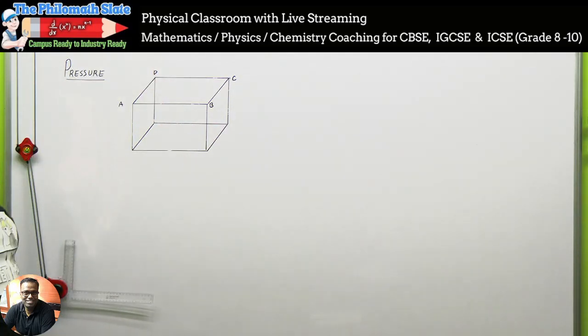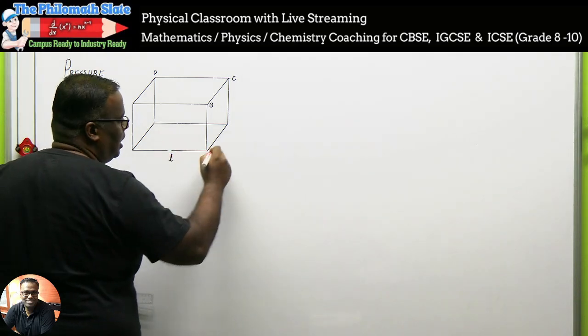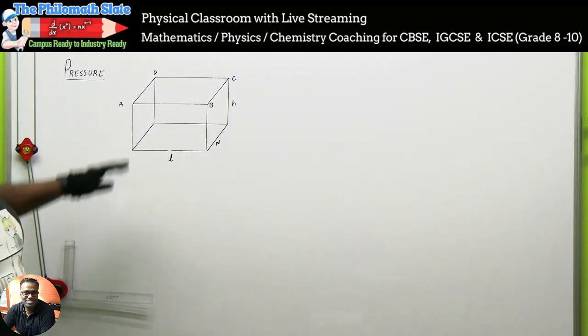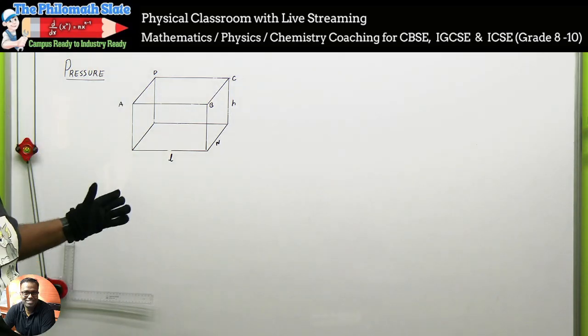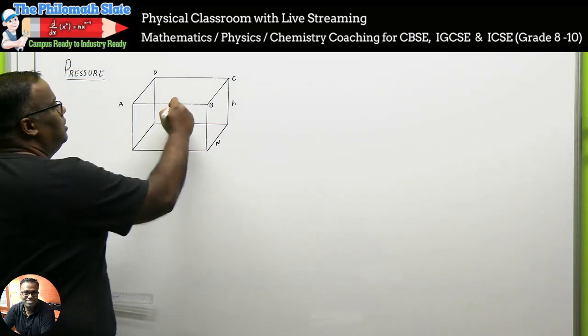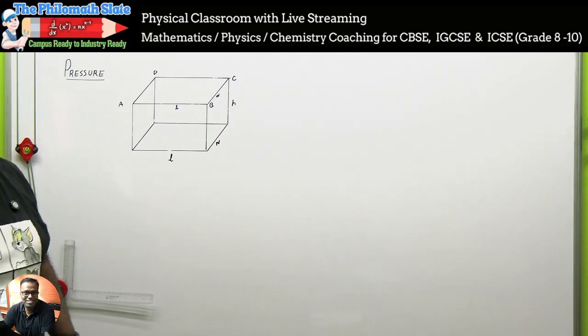Have you understood? A cuboid is characterized by three measurements. This would be the length, this would be the width, and this is the height. So what does the top surface look like to you? A rectangle, right? And the area of the rectangle for the top surface would be this particular length into this width. So L into W will give me the area of the rectangle.